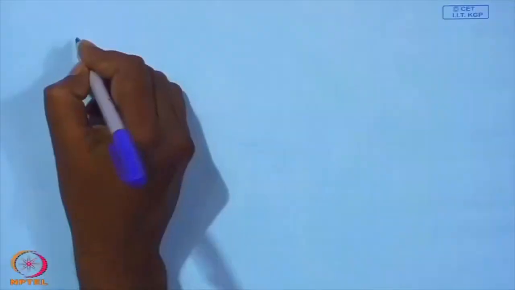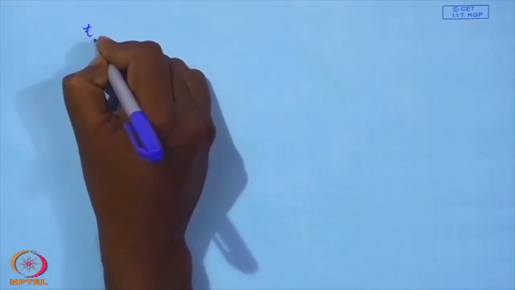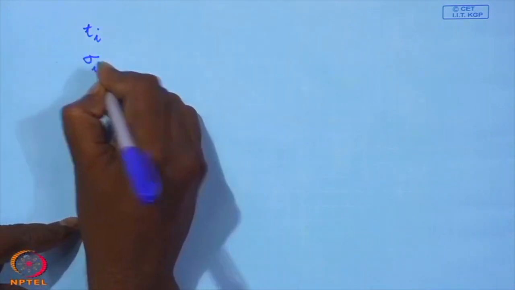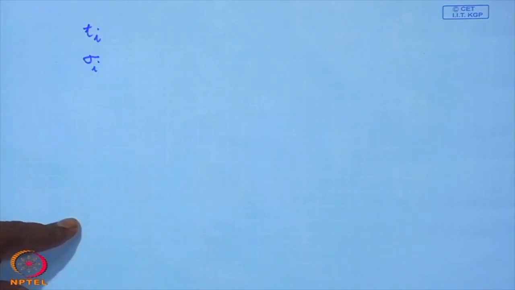Once I do that, next what I have to do is, for every ith node I have to compute a Ti. I have found out what is Ti. Next I have to find out what is sigma I. So, then I can go for a nearest neighbor rule.